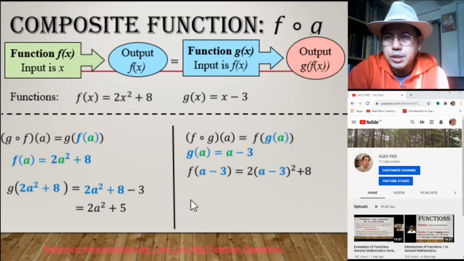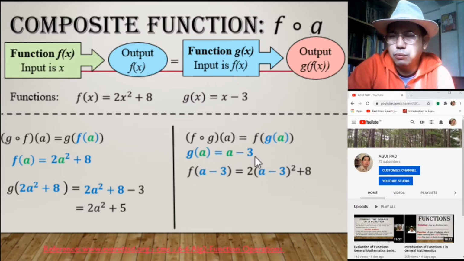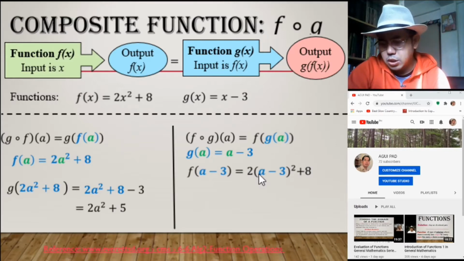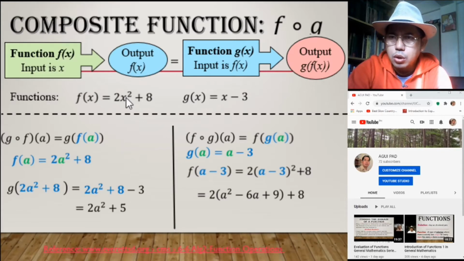Now to solve for the second function, we make use of the result of g function, which is a minus 3. So f of a minus 3 will give you a result of 2 multiplied by the square of a minus 3, plus 8. Of course, to solve for this, expand first the square of the binomial. So when we expand, we have in here now the result: 2 multiplied by a raised to 2 minus 6a plus 9.